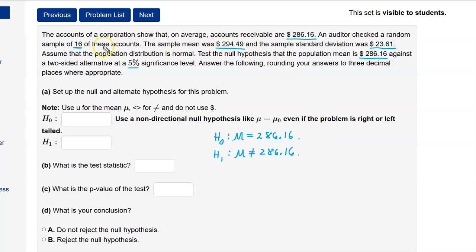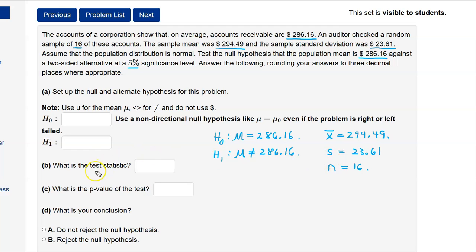Now our sample of 16 of these accounts had a sample mean of 294.49, so that's our sample mean. Our sample standard deviation was 23.61. And our sample size was 16. All right, so there's all of our information.